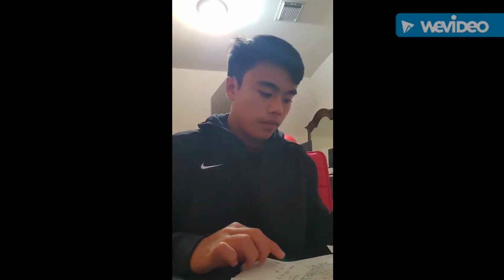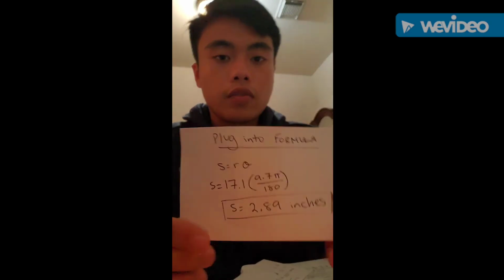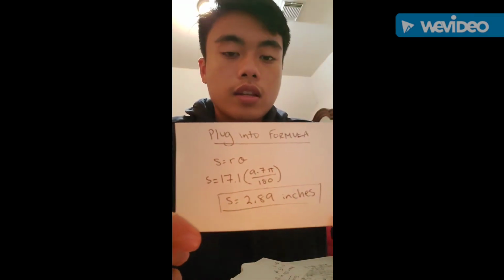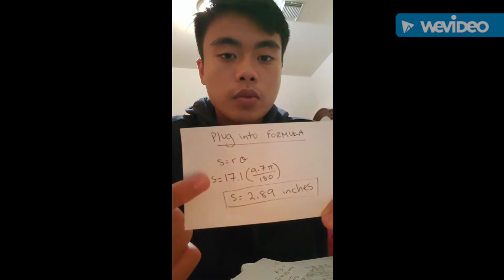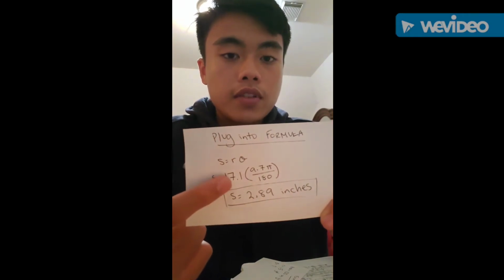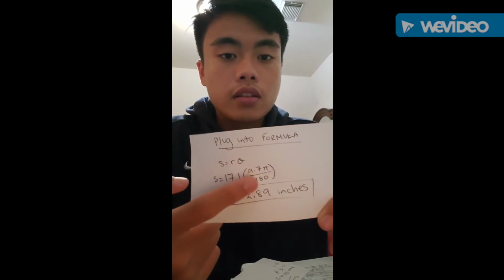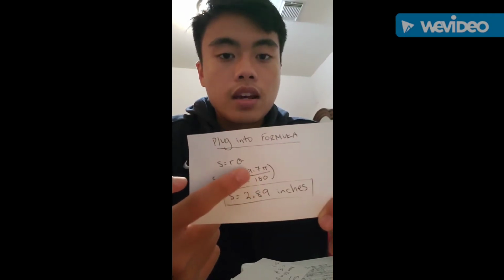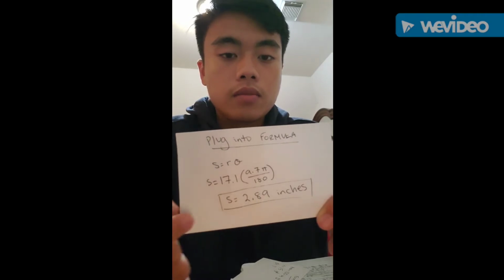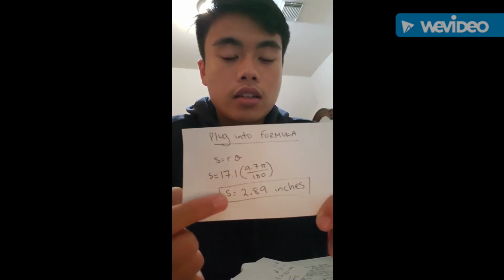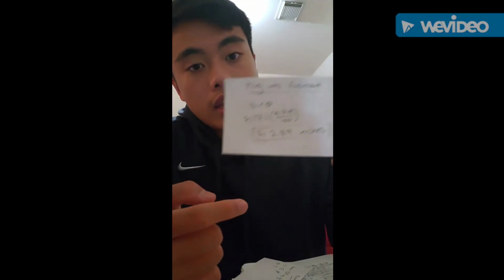Then all we have to do is plug it into the formula S equals radius times the degree. So we're looking for S, and we multiply 17.1, which is the radius, by the degree we just found, which is 9.7 pi over 180, and we get that the arc length is equal to 2.89 inches.